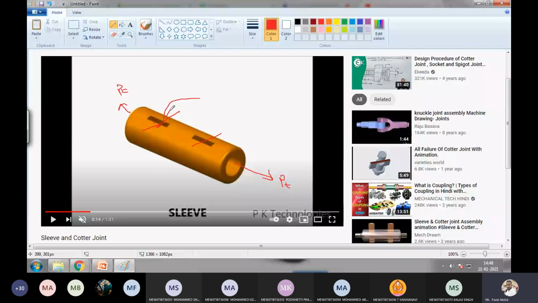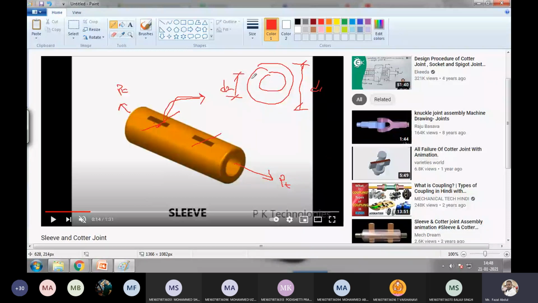See here, this is the outside diameter of the sleeve, that is d1, and this is the inside diameter of the sleeve, that is d2.